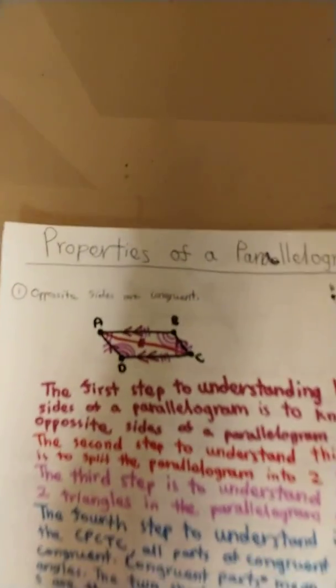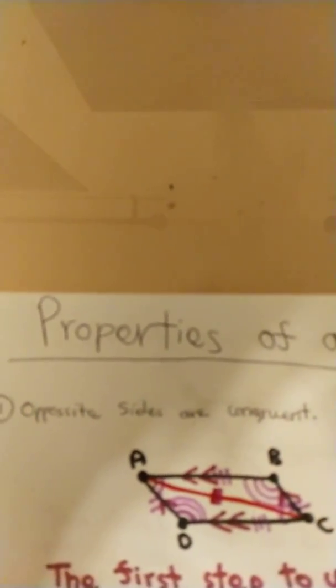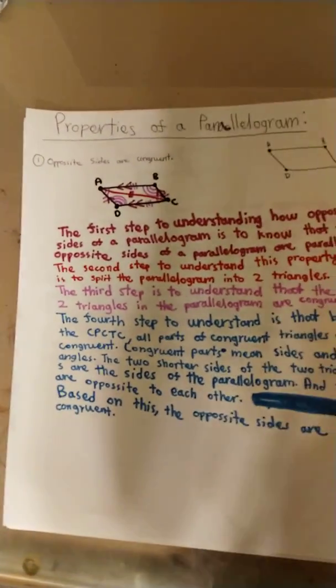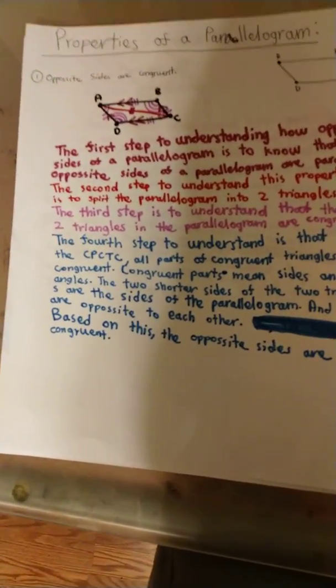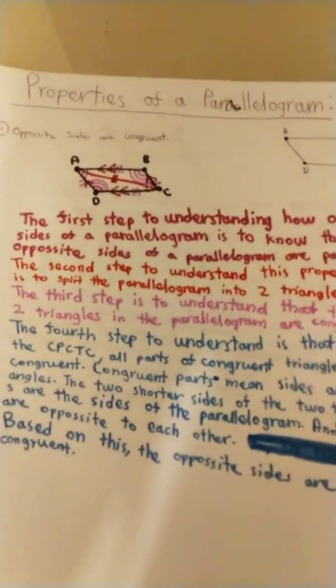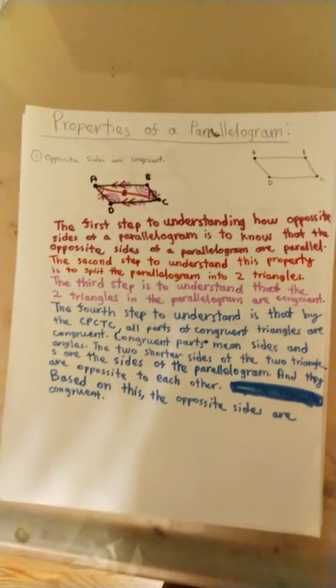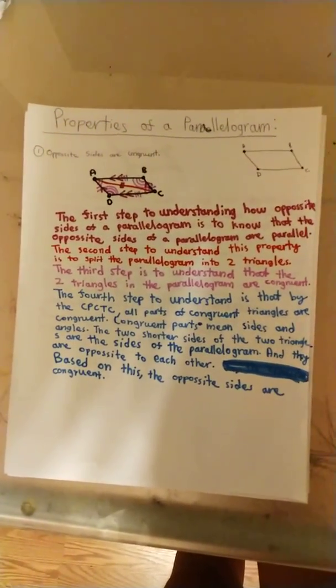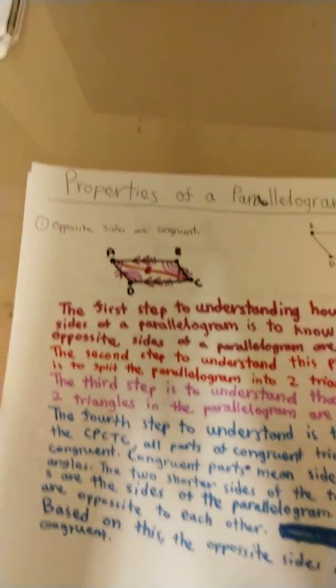So the first property is that opposite sides are congruent. Here's why that is true. The first step is to know that the opposite sides of a parallelogram are parallel.